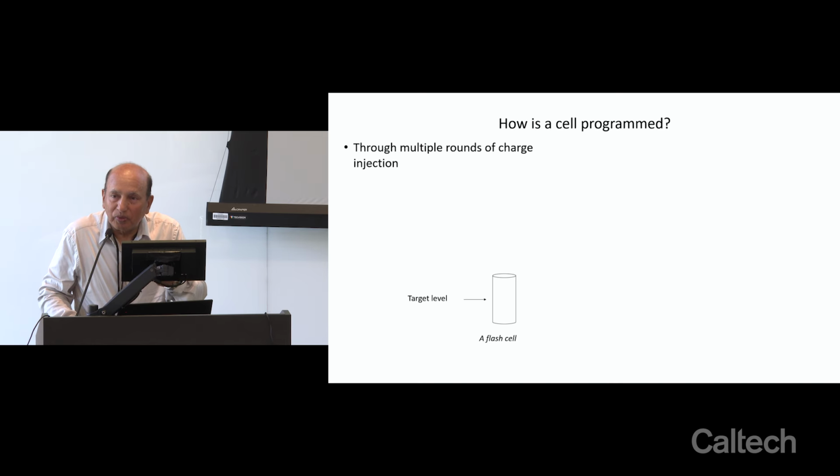You can program it from a lower level to a higher level, you can easily go. But once you go to a higher level, in order to come to the lower level, you have to erase about tens of thousands of cells, go back to 0, and again you rewrite it.